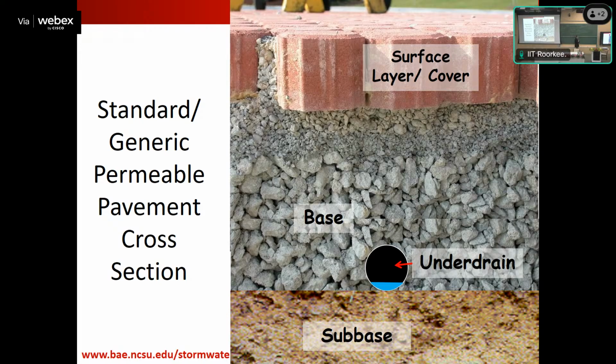I'm going to give you an equation for it in a second, and you're going to get your pens and paper out, and you're going to answer this question. But again, this is what it generally looks like. You got a sub base. You don't have to have an under drain, but you often will have an under drain. We'll talk about the under drain configuration a little bit later. And you got this surface area, the bedding. So basically the water pours through the surface, stores in the aggregate, and drains out the bottom, or drains out an under drain.